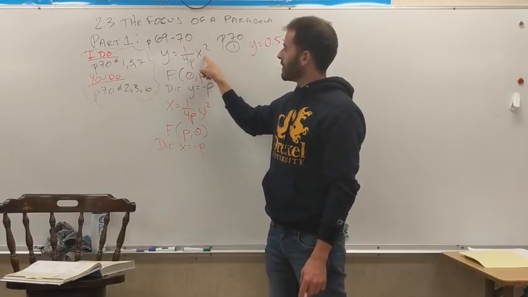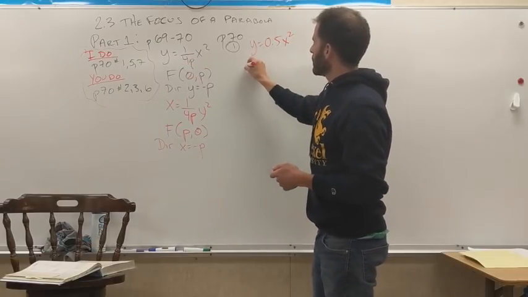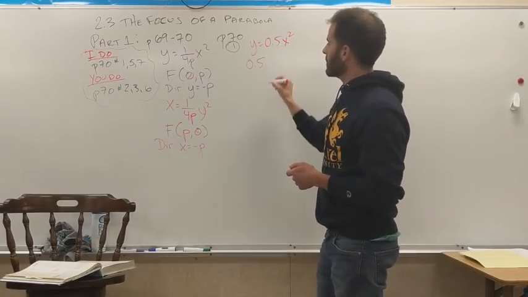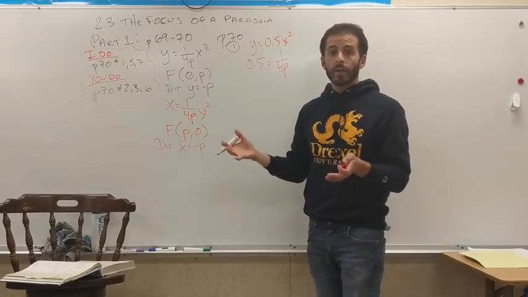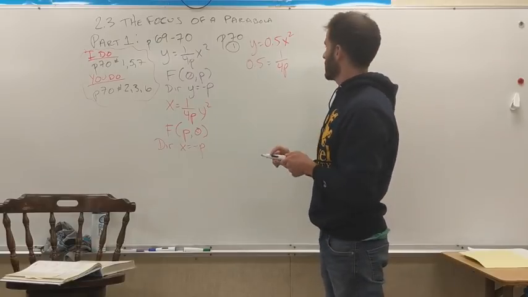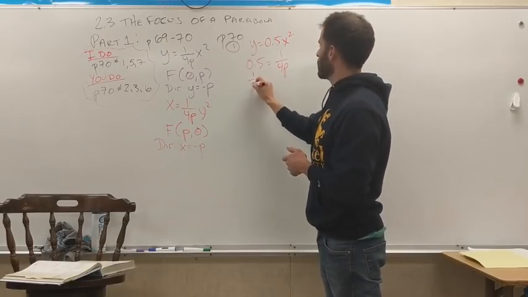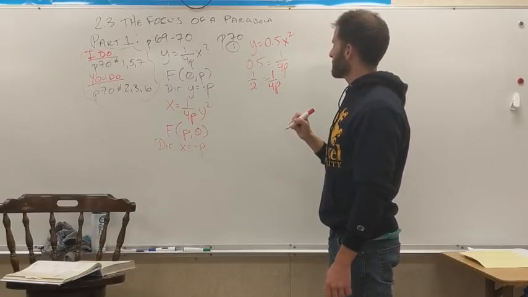Whatever's in front of the x squared is 1 over 4p. So now I can actually solve for p. I like to convert this to a fraction, so I'm going to do 1 over 2 equals 1 over 4p.